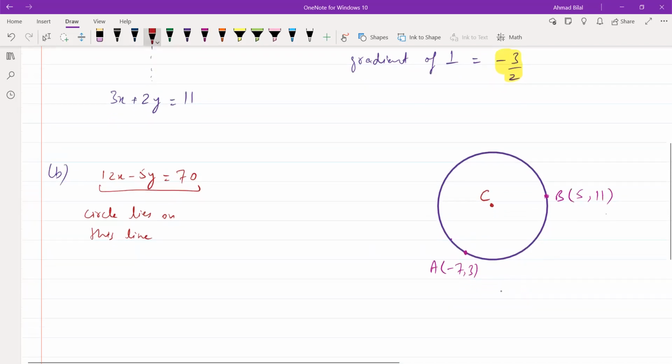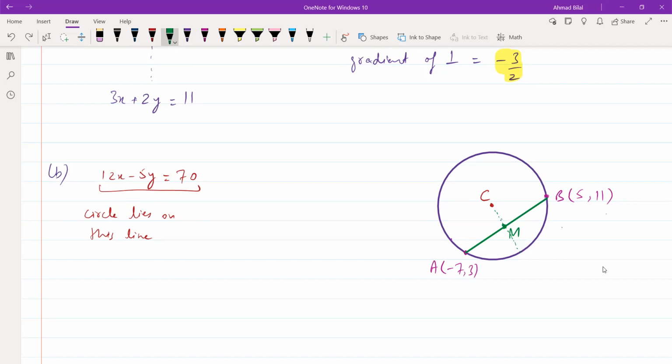Now think about that. If we join the line AB, it will look like this. It's a chord, right? This is a chord. What's the midpoint of this chord? We call that point M. What will its perpendicular bisector look like? It's going to look like this. And remember, a line coming from the center of the circle to the midpoint of a chord makes 90 degrees.